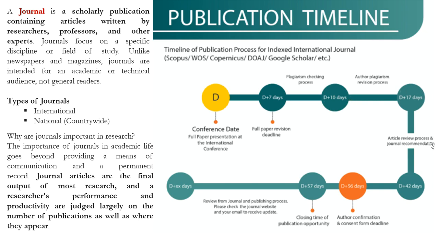Then finally they give the review, and if the article is accepted, they give the timeline based on the journal impact manner, like either quarterly journal, bi-monthly journal, periodical journal, whatever it may be. Different types of journals are there, different types of timelines also.